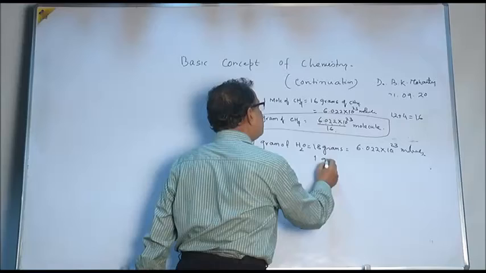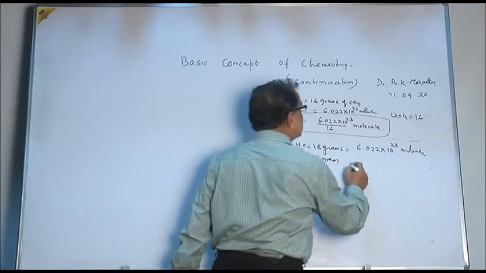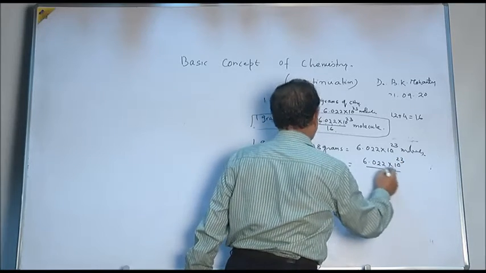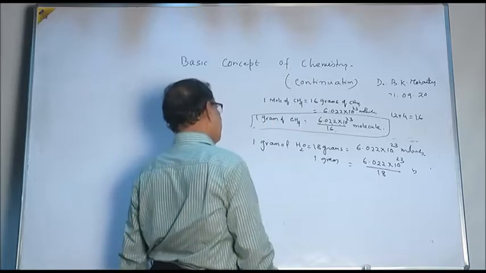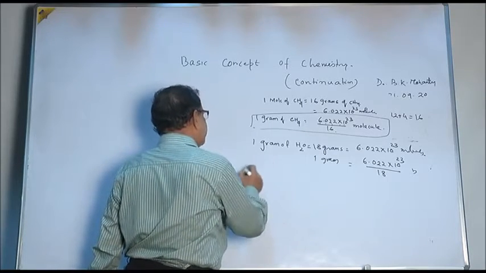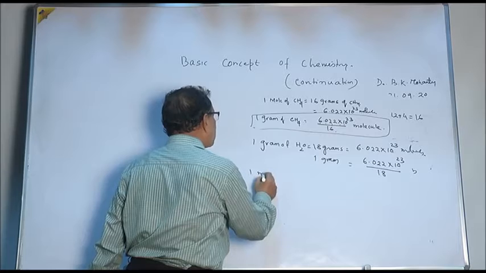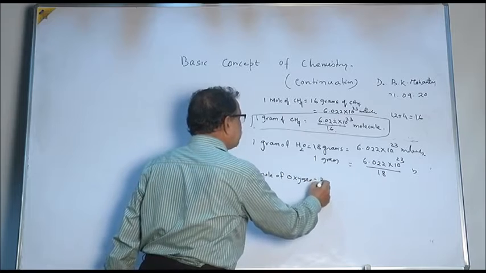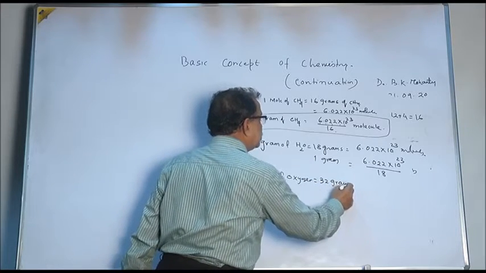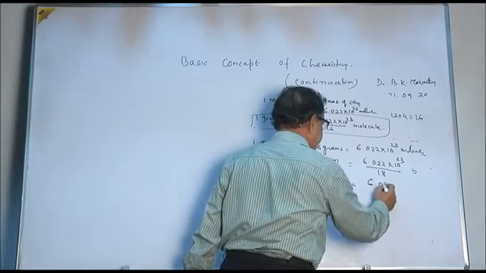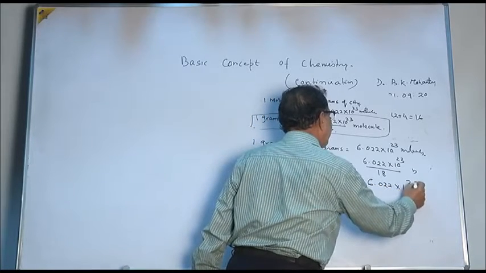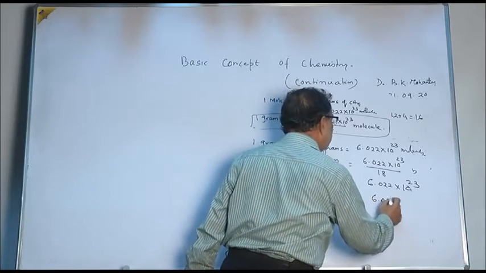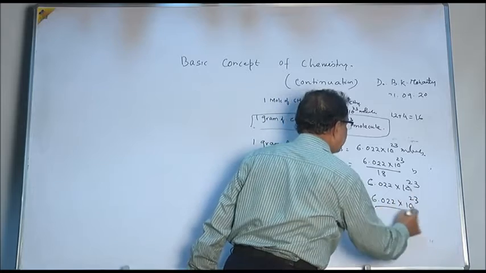So 1 gram of water is 6.022 into 10 to the 23 by 18 molecules. Similarly, oxygen: 1 mole of oxygen is equal to 32 grams, equal to 6.022 into 10 to the 23. So 1 gram contains 6.022 into 10 to the 23 by 32.